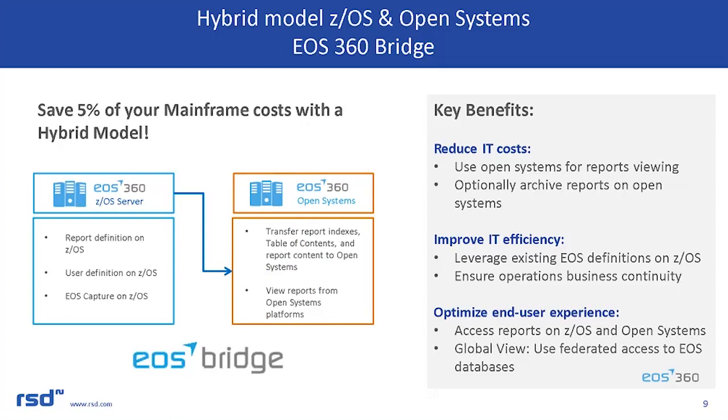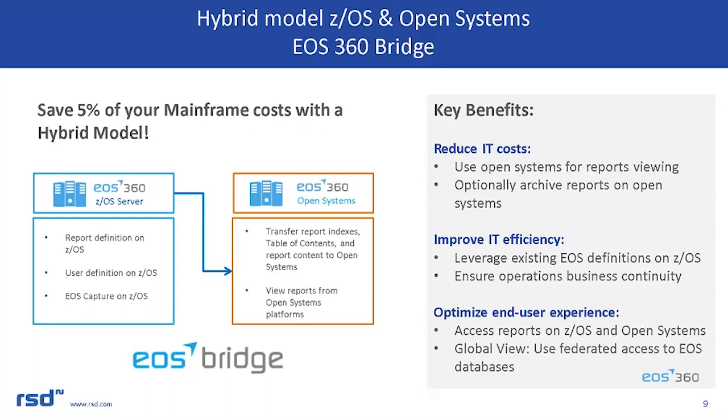We are also leveraging our IT efficiency. We're improving it. We're leveraging existing EOS definitions on z/OS that have traditionally been defined there and are well maintained. And they're being used in the open environment. And we're ensuring operations business continuity. We have more than one place to view these reports.